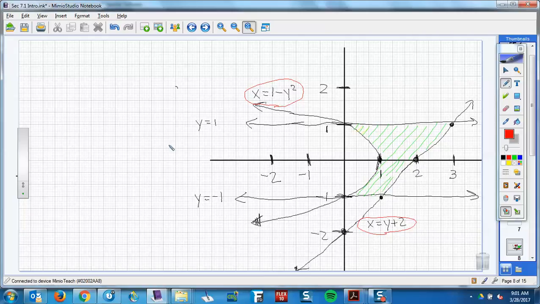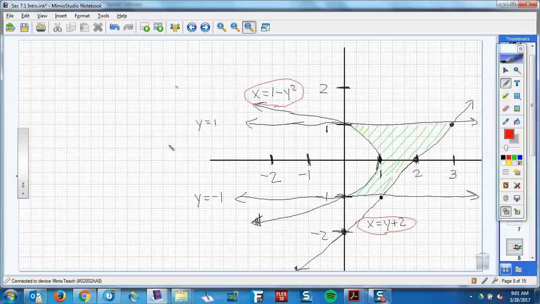Okay, you ready? The region is bounded, oh wait, let me, it's back here. Figure 4 says, oh yeah, here it is.